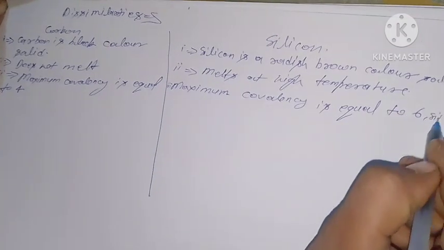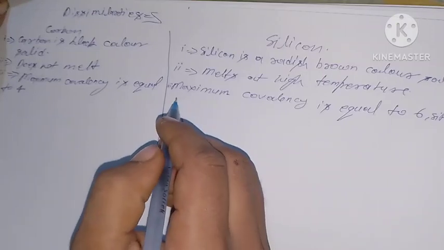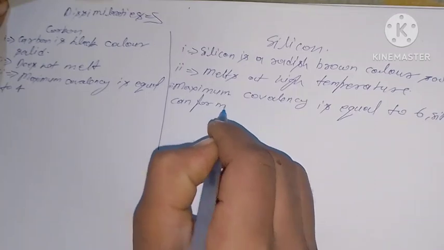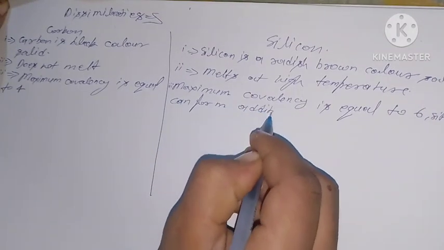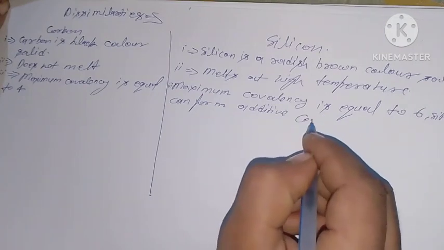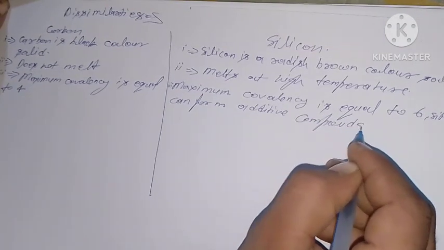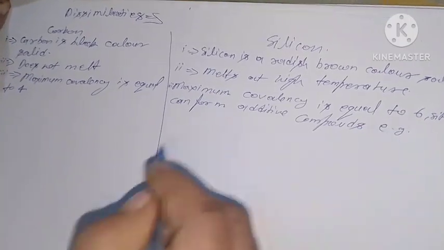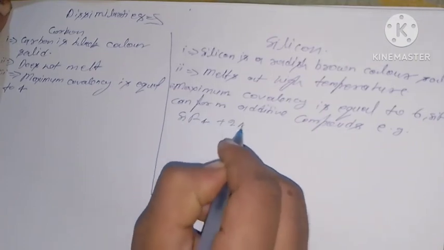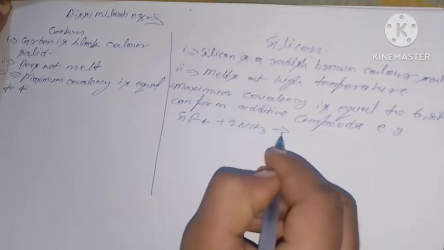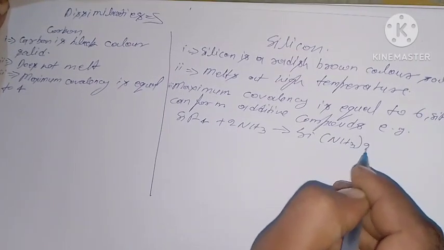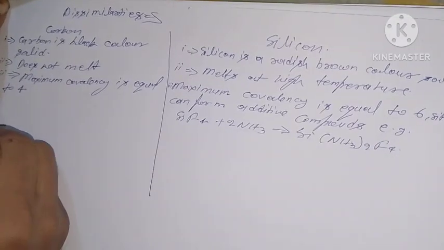SiF4 can form additive compounds. Example, SiF4 plus 2NH3, that is [Si(NH3)2]F4.